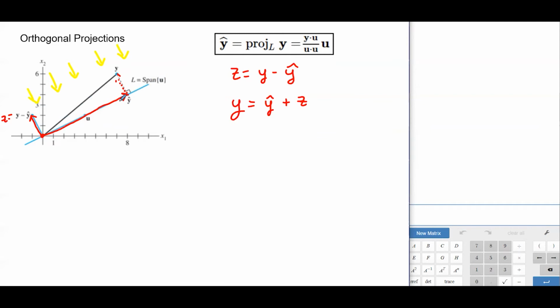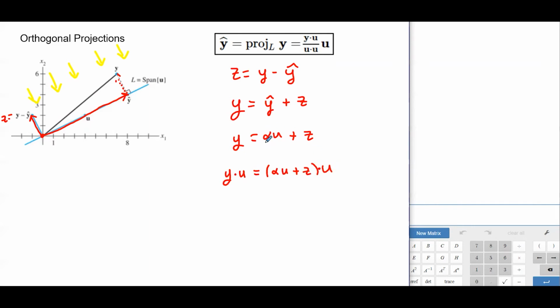Well, y hat is in the span of u. So y hat is some multiple of u, some constant times u. Let's call it alpha u. So it's some multiple of u that's somewhere on the line. And next, we're going to take the dot product of u on both sides of this equation.